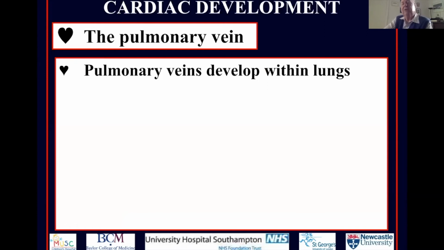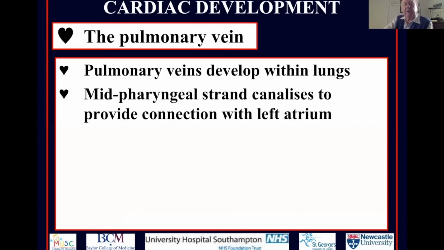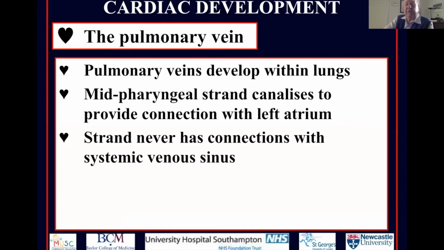In fact, we know that the pulmonary veins themselves develop within the lungs. And we also now know that a strand that initially forms within the midline of the pharyngeal mesenchyme canalizes to produce the connection between those intraparenchymal pulmonary veins and the cavity of the left atrium.